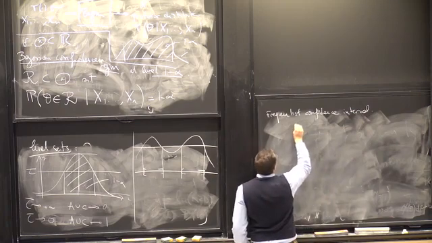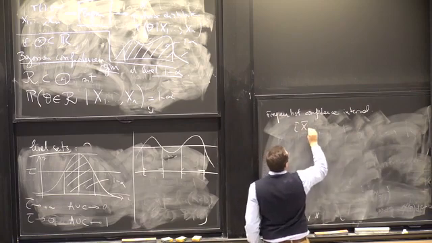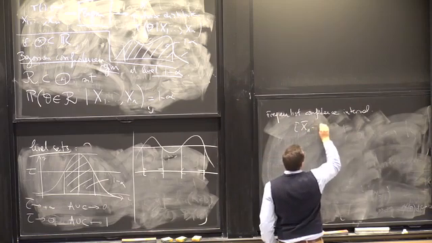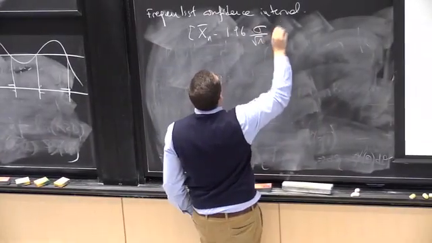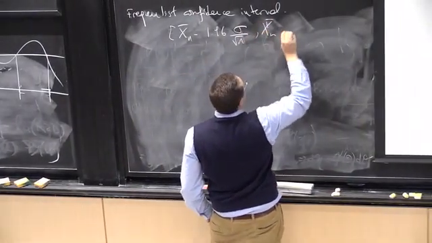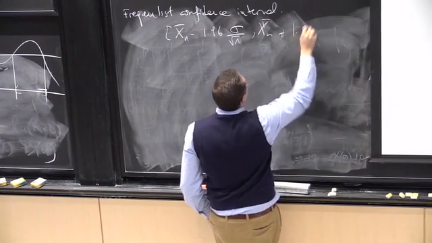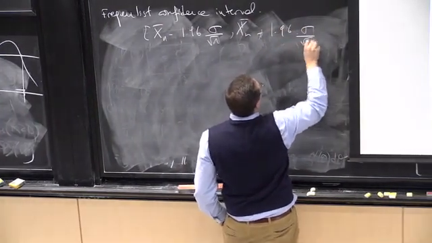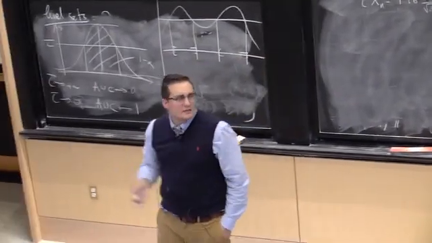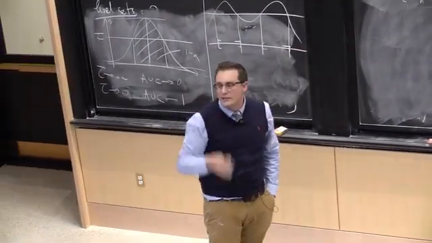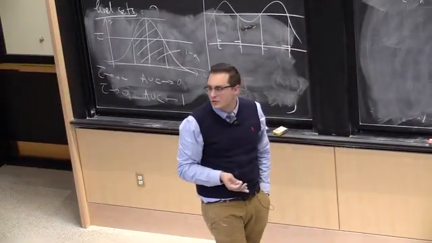Let's say something like x bar n minus 1.96 sigma over root n, and x bar n plus 1.96 sigma over root n. That's the confidence interval that you get for the mean of some Gaussian with known variance equal to sigma squared.